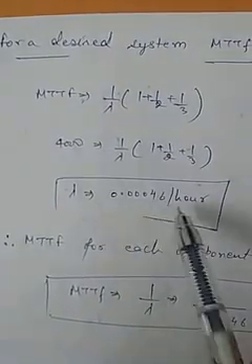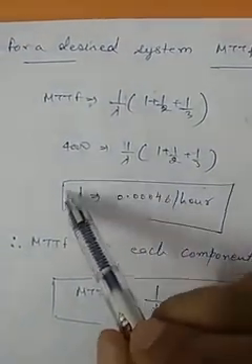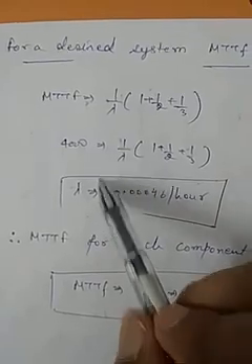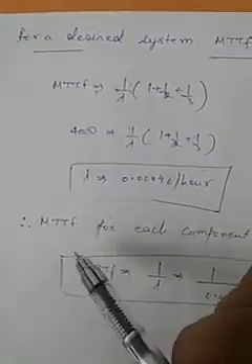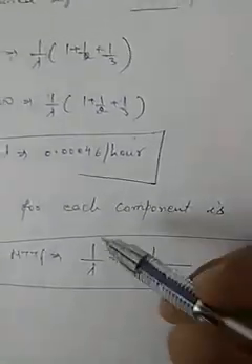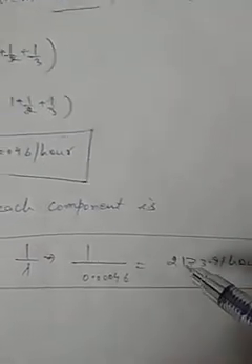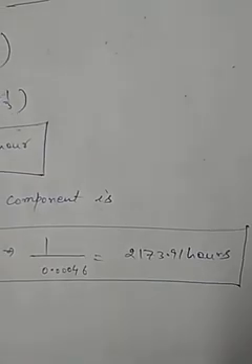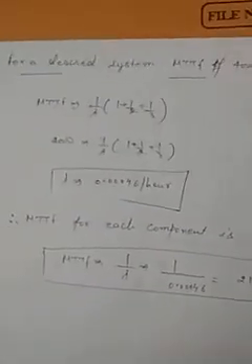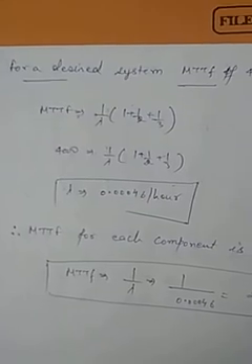According to that we can calculate lambda, and this lambda is for each component. So the MTTF for each component is 1 by lambda, that is 1 by 0.00046, which comes out to be 2173.991 hours.